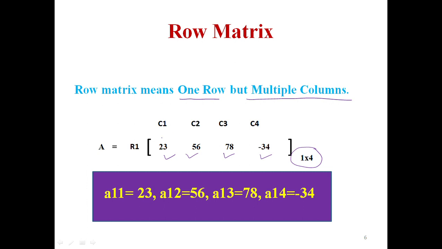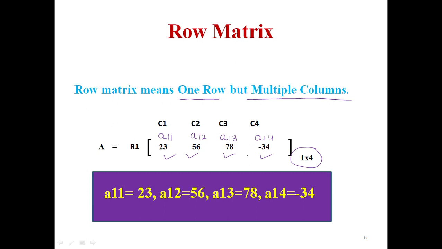A11 means first row first column. A12 means first row second column. A13 means first row third column value. A14 means first row fourth column value.